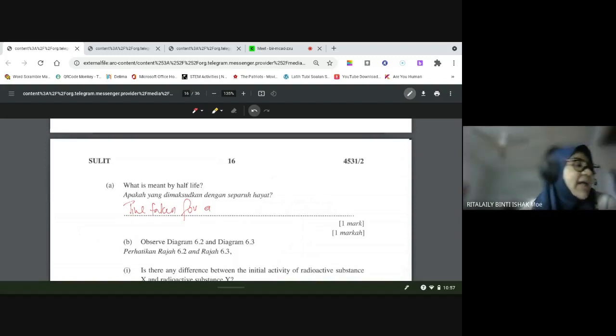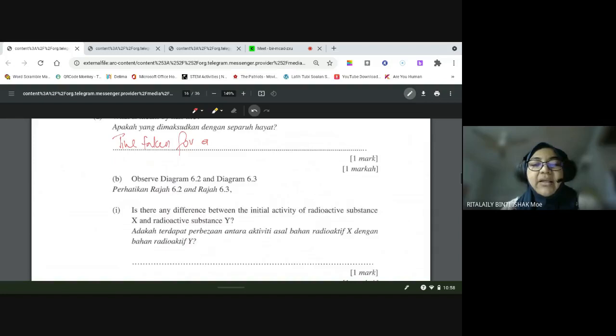Okay, so Tijah jawab, time taken for the number of atom to decay to half of its original value or original mass. Okay, saya repeat, time taken for the number of atom to decay to half of its initial value or mass or activity. Mesti ada perkataan time taken, mesti ada number of atom, mesti ada decay become half of its original value. Value kurang sesuai, original mass or original activity.